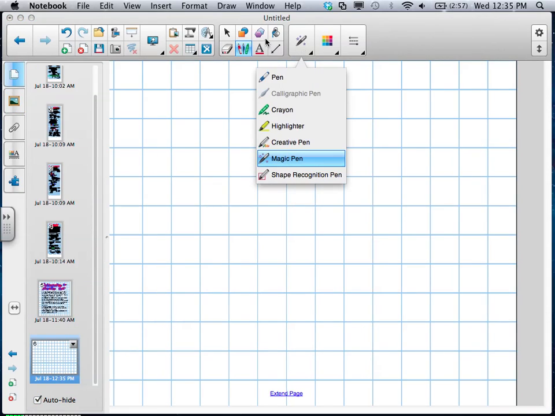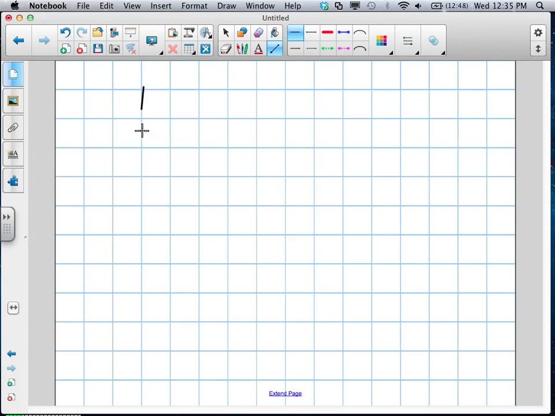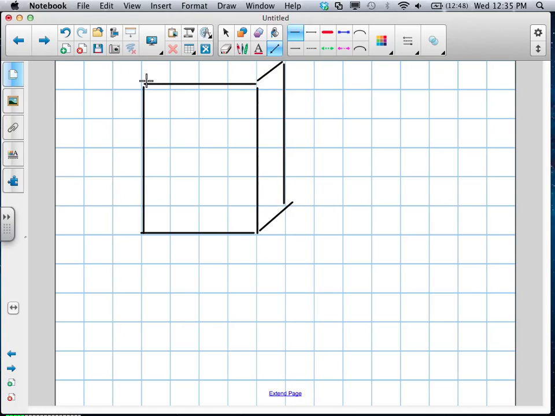Okay, so if you recall, they said they were going to build this in a warehouse. Here's our warehouse. The warehouse was 15 by 12. Is that right?